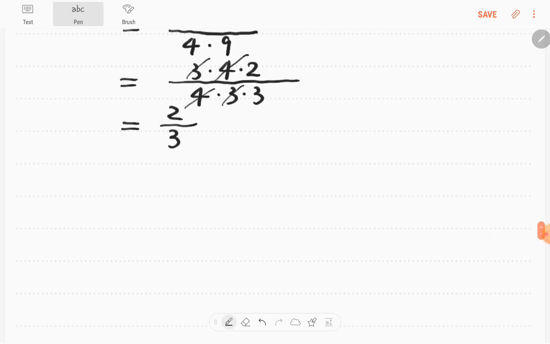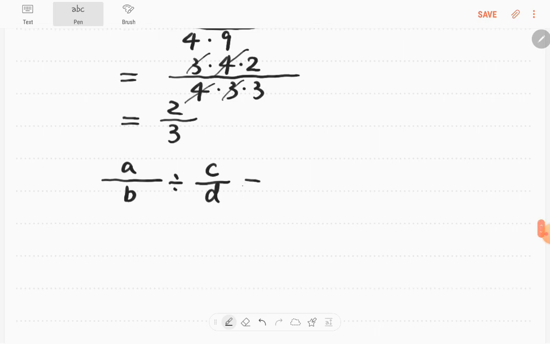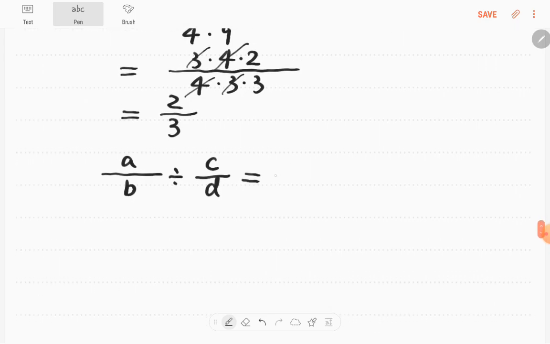Let's check the division. Division, if we want to do A over B divided by C over D, we will transfer our division into the multiplication.